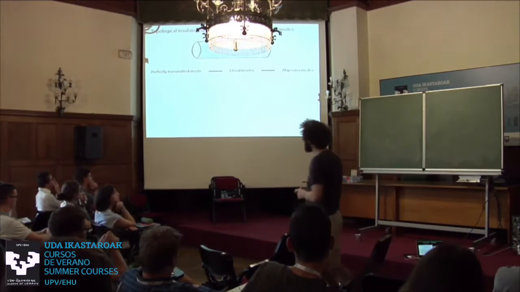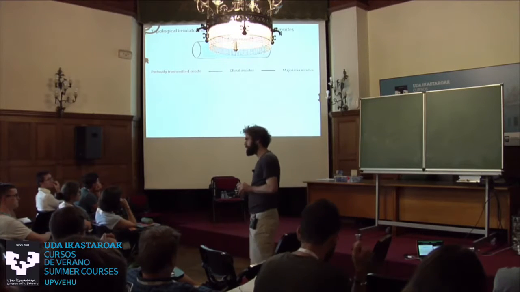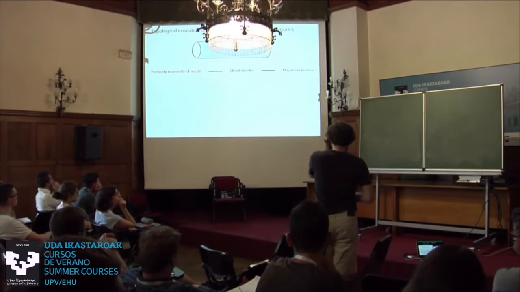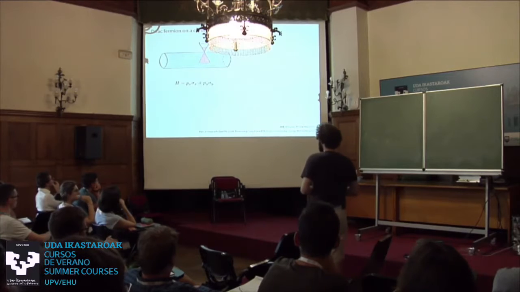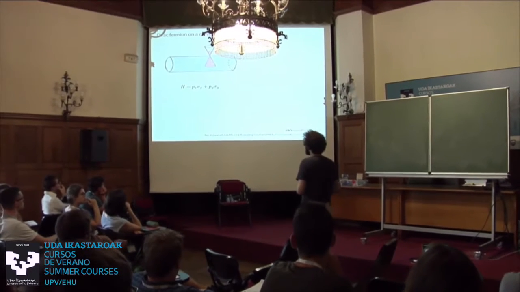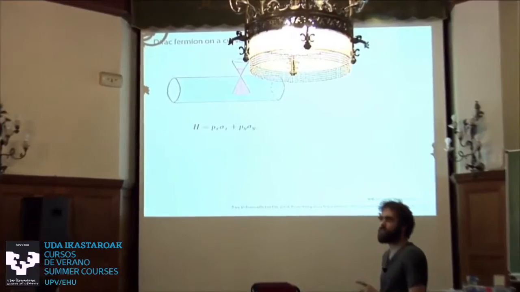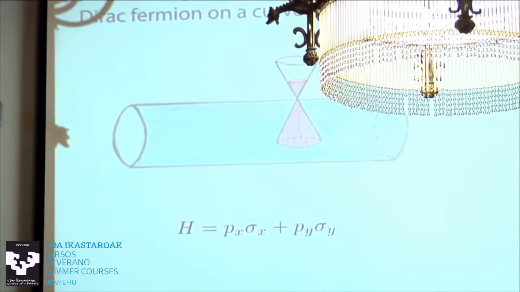Let's start with the perfectly transmitted mode. I did mention it briefly yesterday, but let's see here how it comes about. And then we have to start with something which, to me, came as a surprise. You do this exercise, and in fact you will do this exercise if you work very hard in the hands-on session.